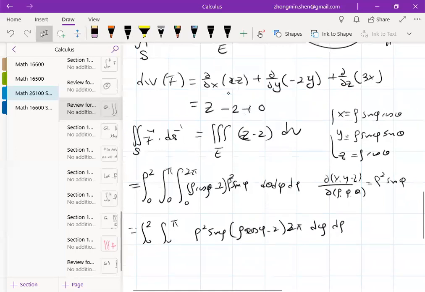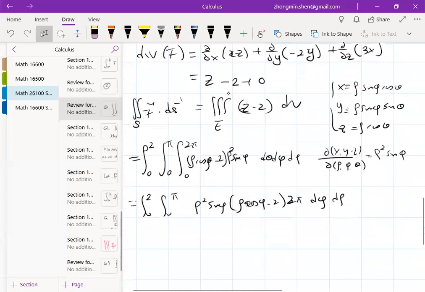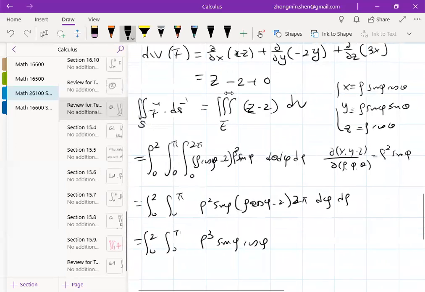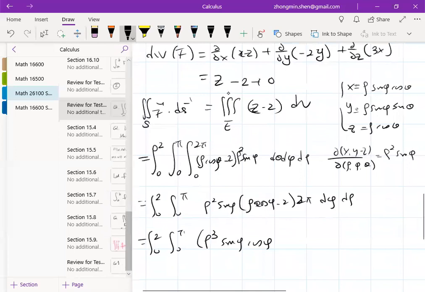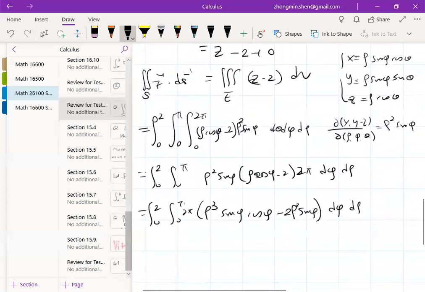Then the next step is to evaluate. Let's multiply this out. There is a 2 pi here, and I take it out. Minus 2 rho squared sine phi d phi.